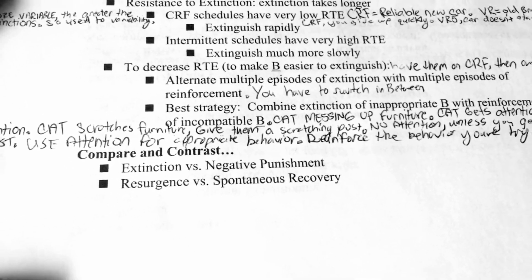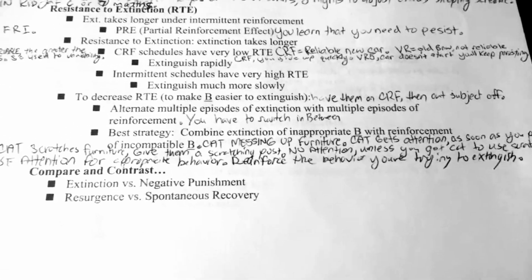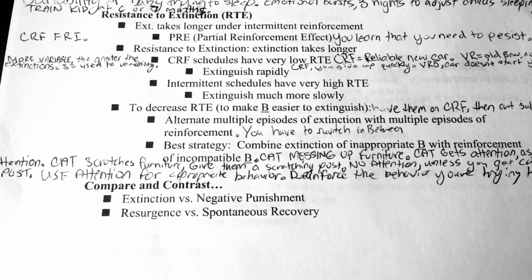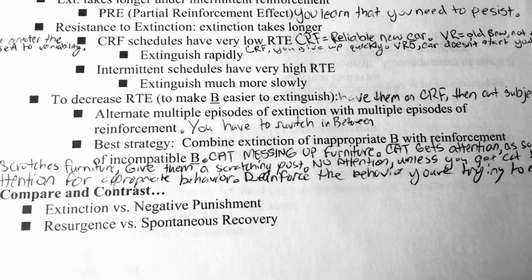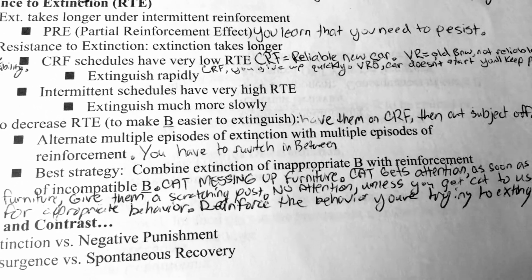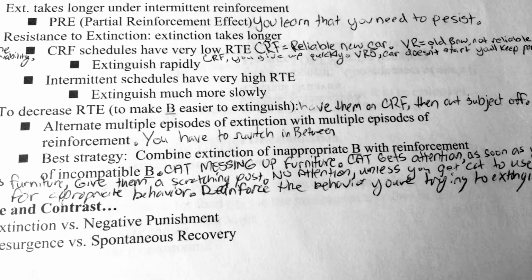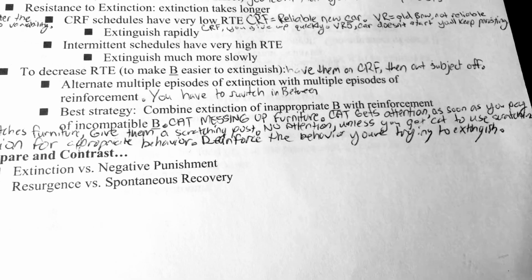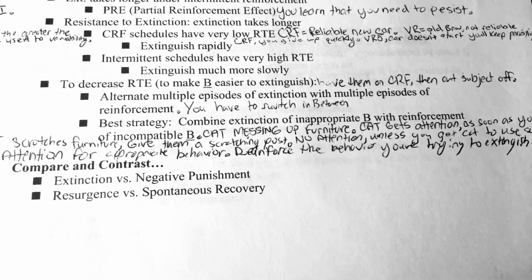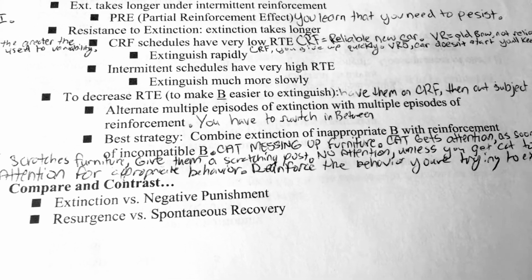So now your cat believes that this behavior is contingent with him scratching the furniture. Say it's a guy cat. And instead of giving the cat attention for scratching the furniture, which will continue to happen, you need to bring in a scratching post and give no attention to the cat when the cat is scratching the furniture.